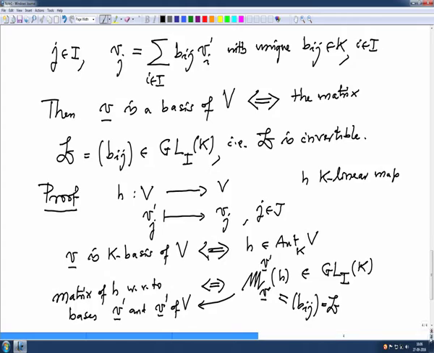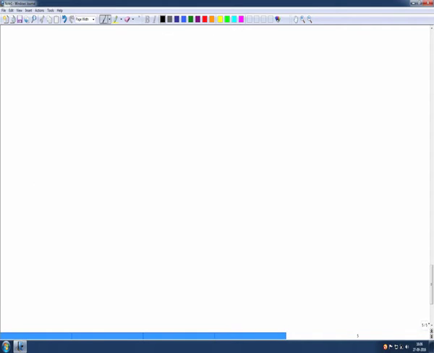Now let us continue with the same. So now, in the above situation, we have two bases.